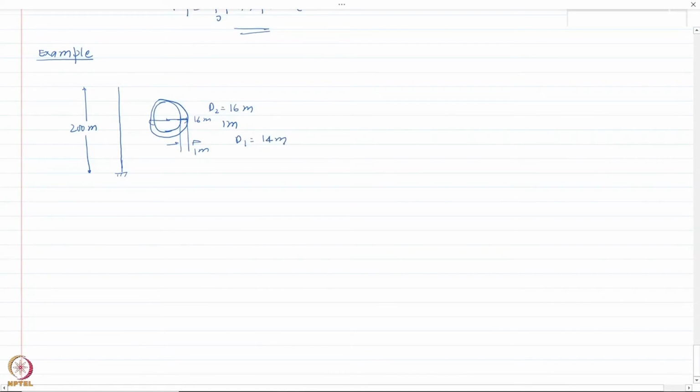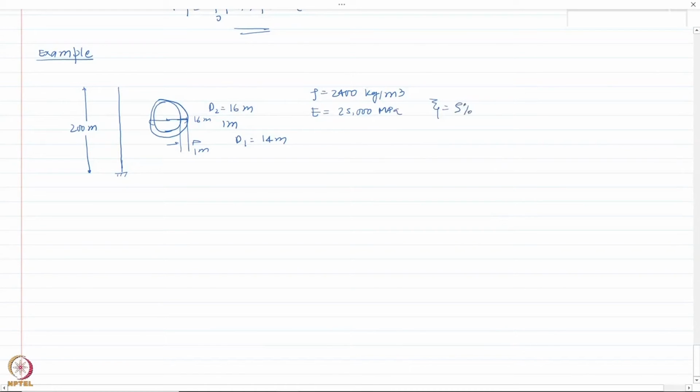All right. Now, additional information is given that for this case, it is of concrete material of density that you can assume as 2400 kg per meter cube. The elastic modulus can be taken as 25,000 MPa. The damping can be assumed as 5%.